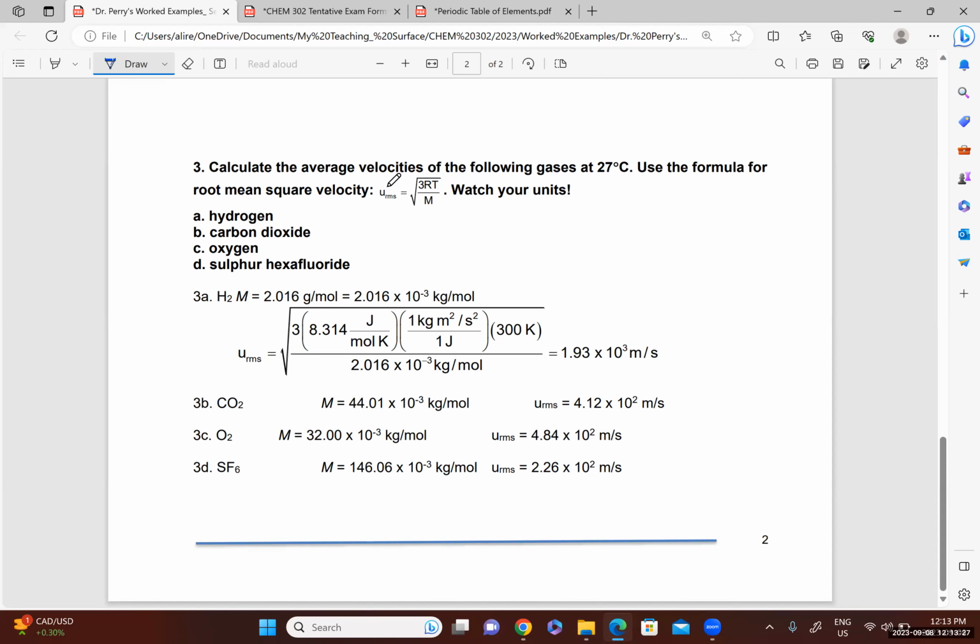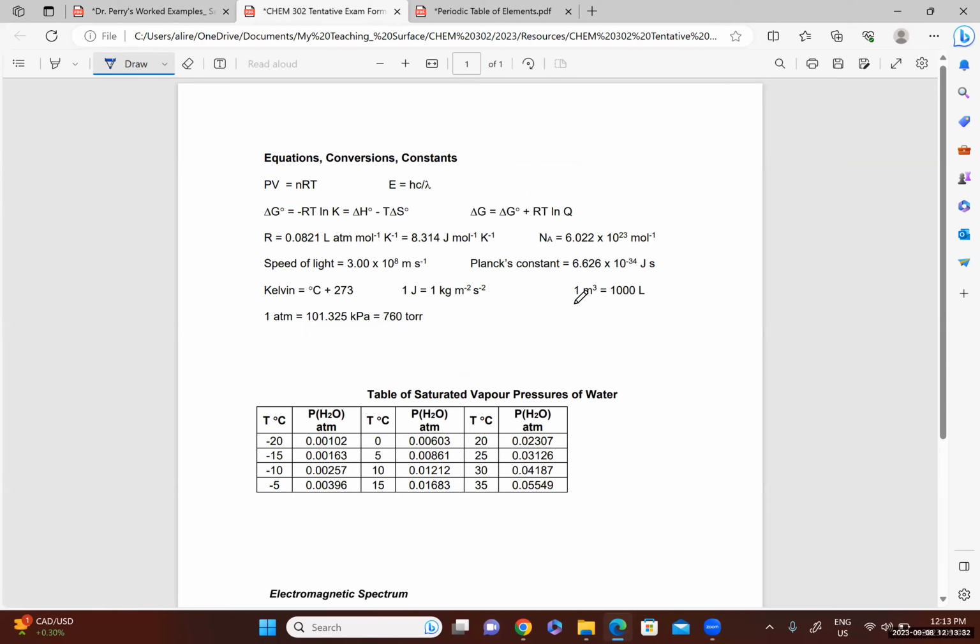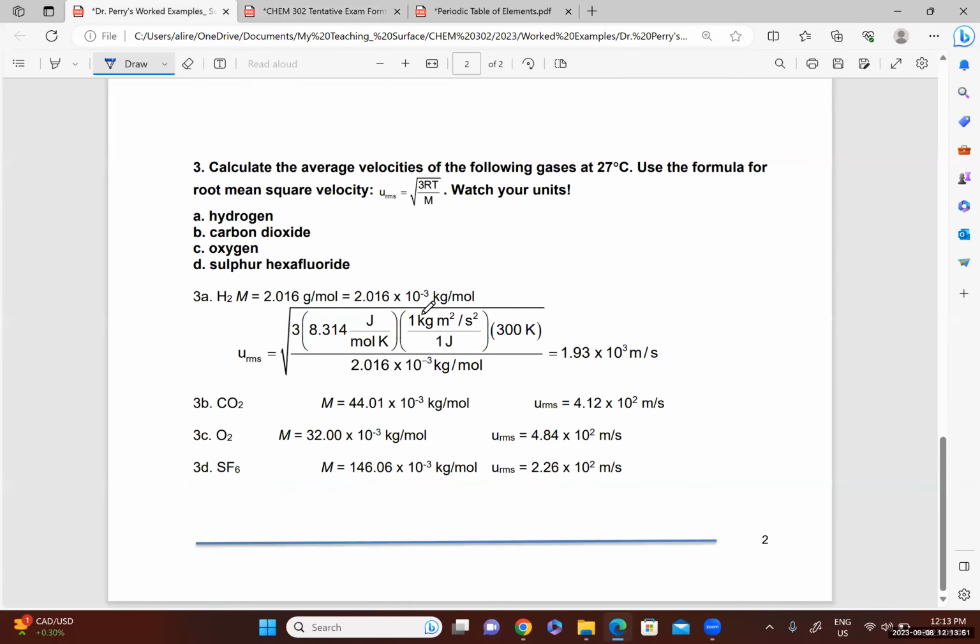Both the root mean square velocity and the most probable velocity are in the slides of the last lecture that we talked about on September 7th. Both of them are going to be in the equation sheet. You need to recognize them and use them.